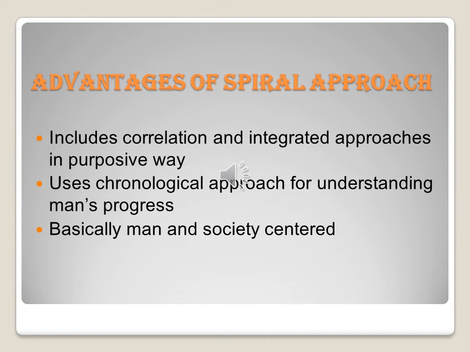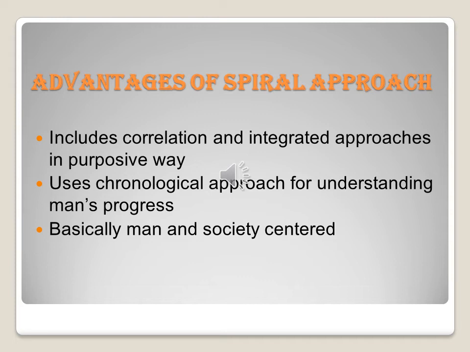Advantages of the spiral approach. It includes correlational and integrated approaches in a purposive way. That is, the spiral approach makes use of both the correlation approach and the integrated approach according to the need of the curriculum. So according to the need, syllabus or subject matter, it uses the correlation or integrated method.